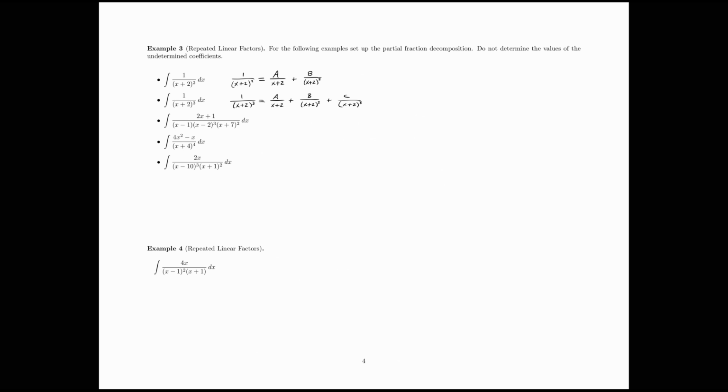So the decomposition for this one, all right, it's a little bit to write out. This would end up being, well, the distinct linear factor is just the constant over itself.